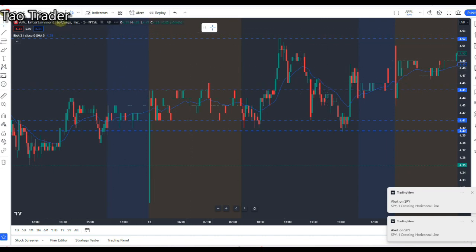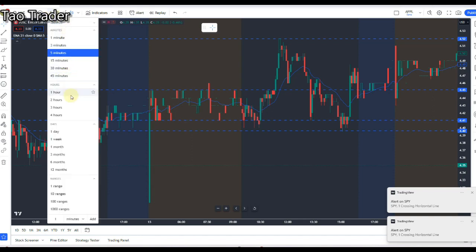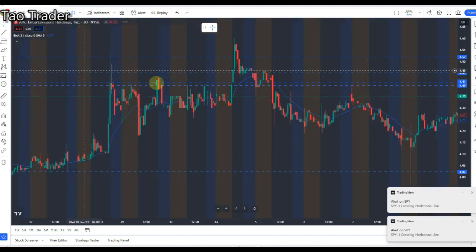But also you have to consider this is only the 5-minute chart. And if you're going to be playing the 5-minute or the 1-minute, then it's okay to use this as a support and resistance line. I generally don't mark support and resistance lines at any lower of a time frame than 30 minutes.